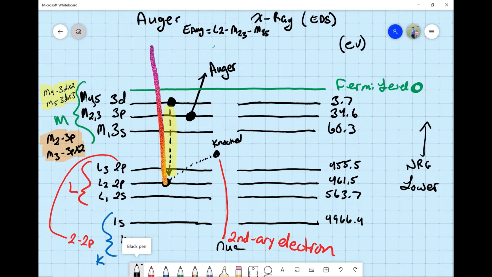So we have 461.5 minus 34.6 minus 3.7. So for the Auger energy, here's my handy dandy calculator.